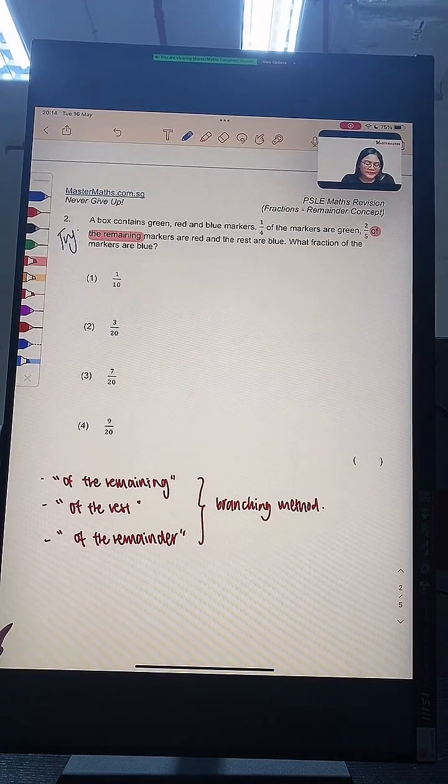I see that some of you are saying to change to the same denominator. Should we do that? I will go through the question in about a minute's time.